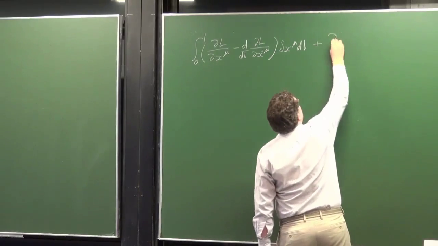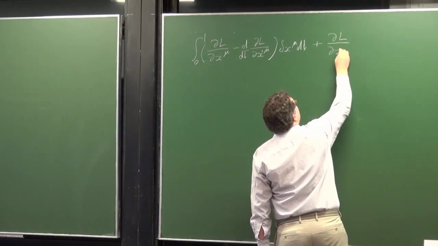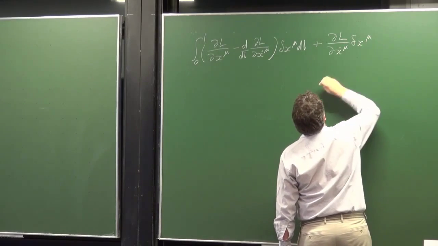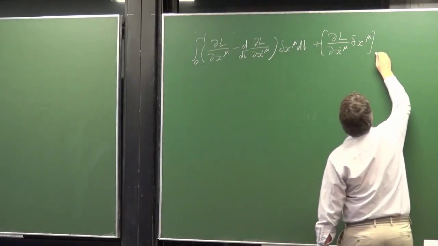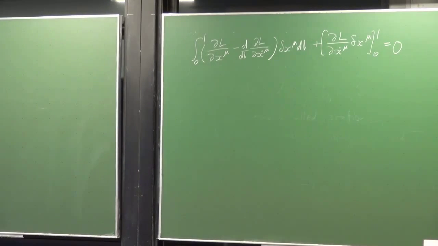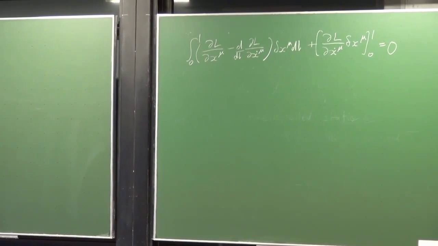So this will be dL by dx dot mu delta x mu, evaluated from 0 to 1, is equal to 0. You've probably seen this in the context of deriving the geodesic equation.